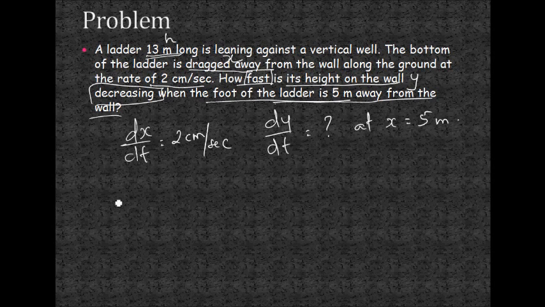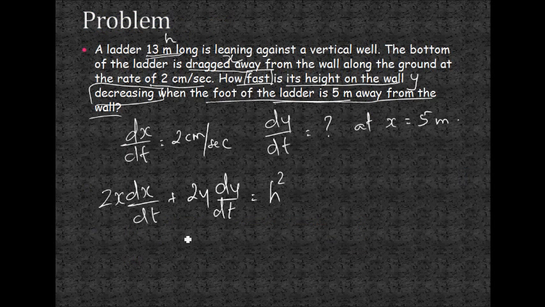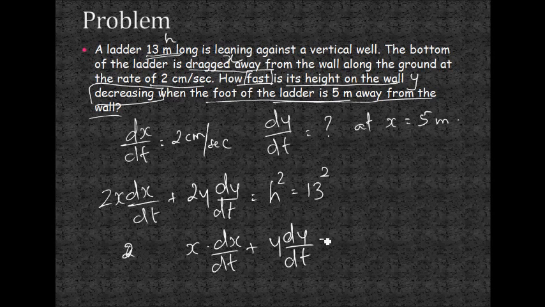So we know that 2x dx/dt plus 2y dy/dt was equal to h squared, because I used the number 20 here, therefore it was 400, otherwise it would have been h squared. In this case h squared is 13 squared. Therefore x dx/dt plus y dy/dt equals 13 squared over 2.